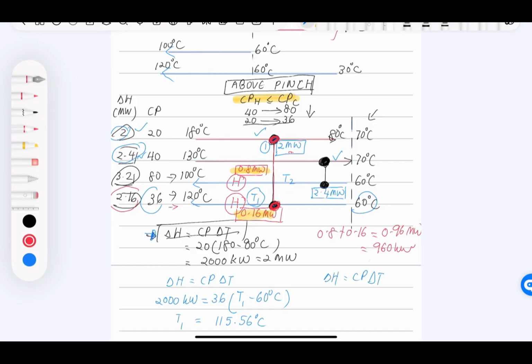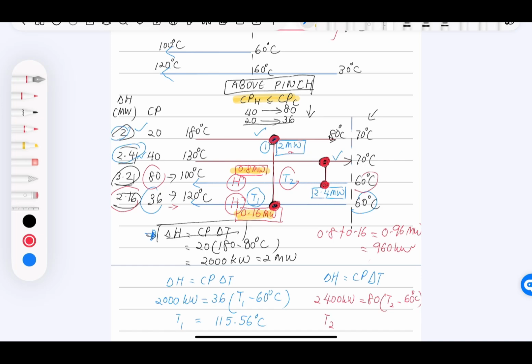To get T2, we repeat the same procedure. Using the heat duty of heat exchanger 2, delta H is 2.4 or 2400 kilowatt. Because we want to find this, we take the Cp value of 80 times the delta T equal to T2 minus 60.